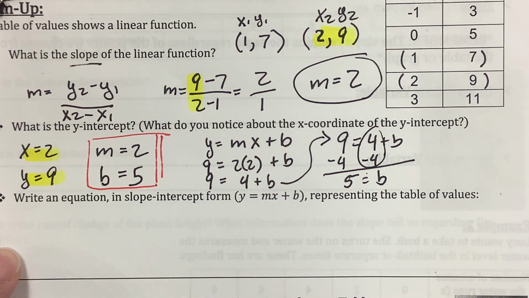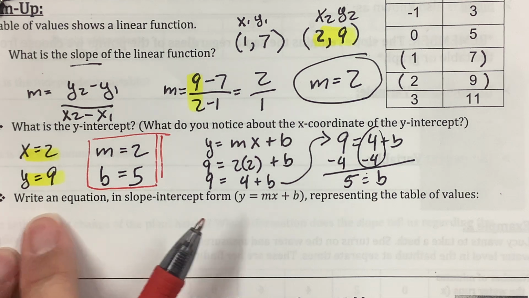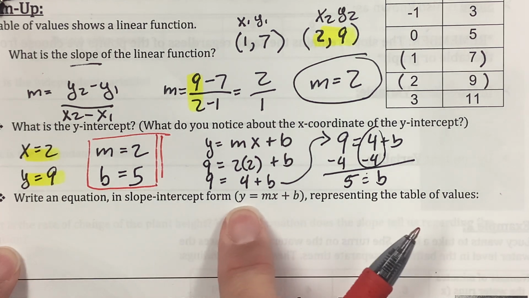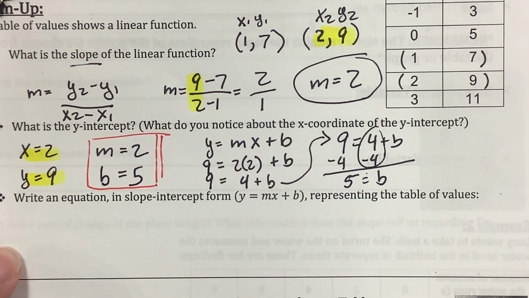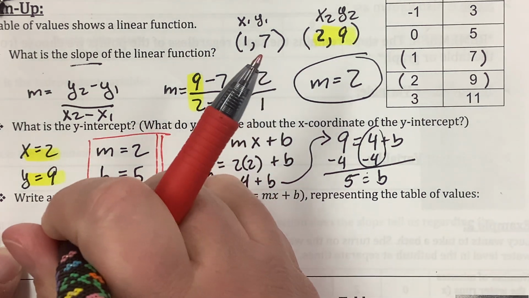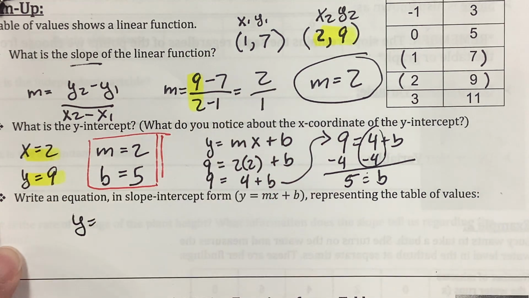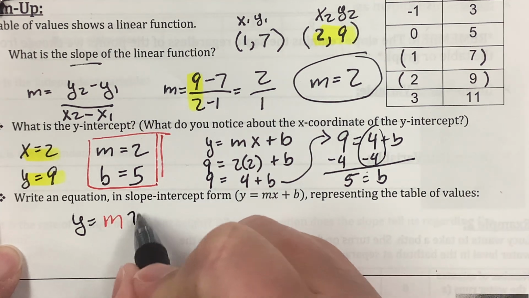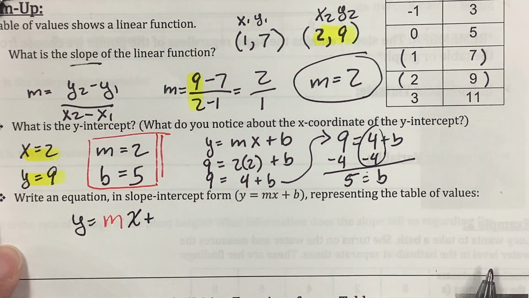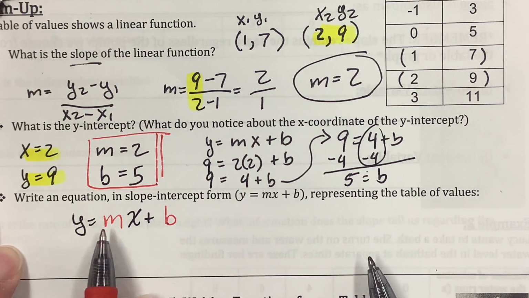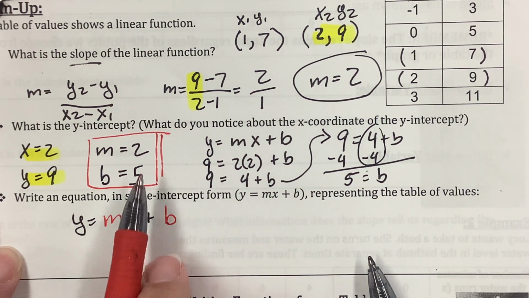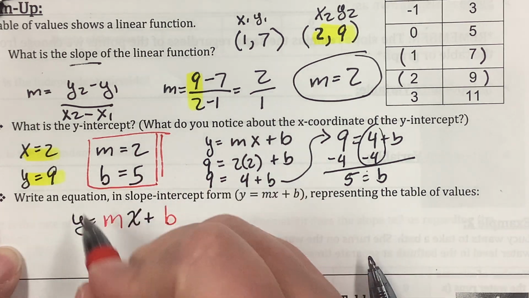So that's going to help me write my equation. Write an equation in slope-intercept form. y equals mx plus b. And it's just the m and the b that I'm going to replace. m is 2, b is 5.